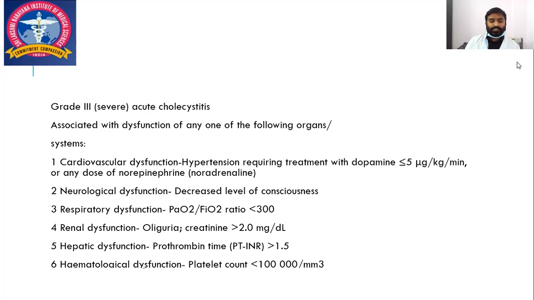Respiratory dysfunction: partial pressure of oxygen to FiO2 ratio less than 300. Renal dysfunction: oliguria and serum creatinine greater than 2. Hepatic dysfunction: prothrombin time INR greater than 1.5. And hematological dysfunction also.